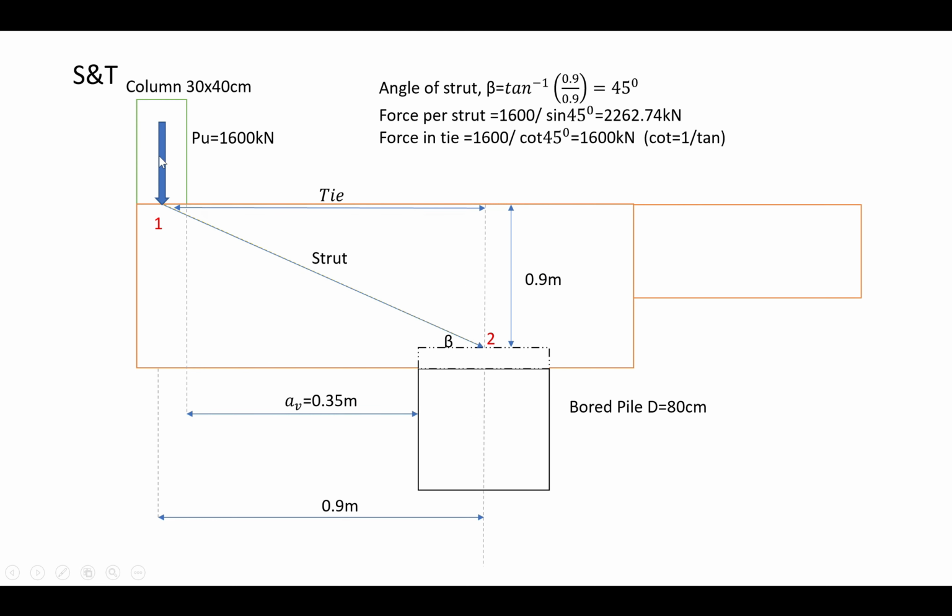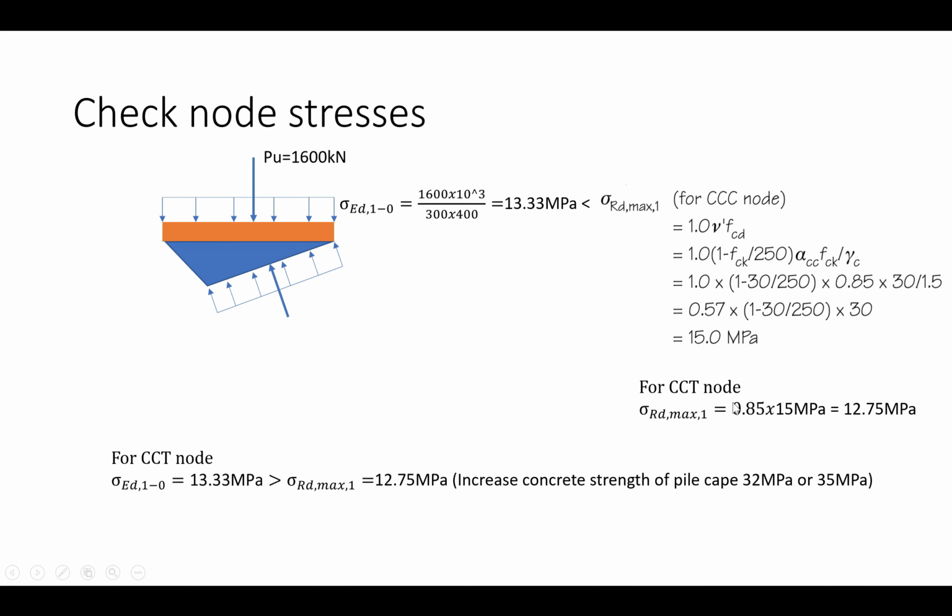Check here, it is compression, but it is tension. So we call this node 1 CCT, compression compression tension.